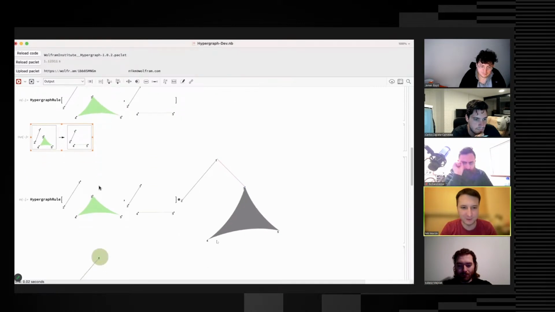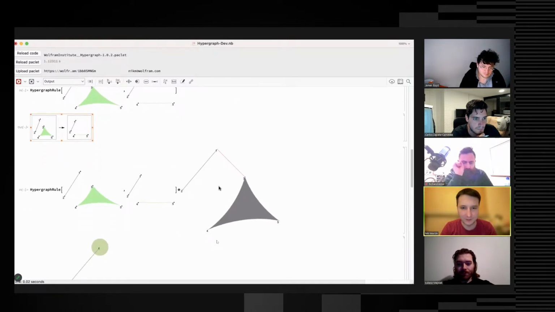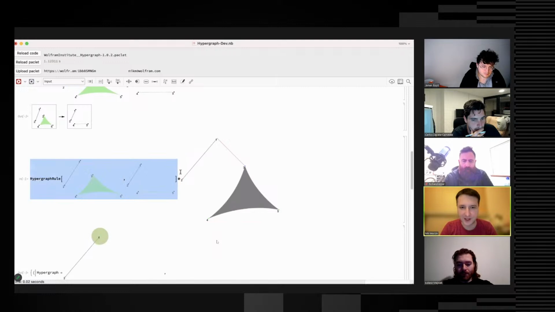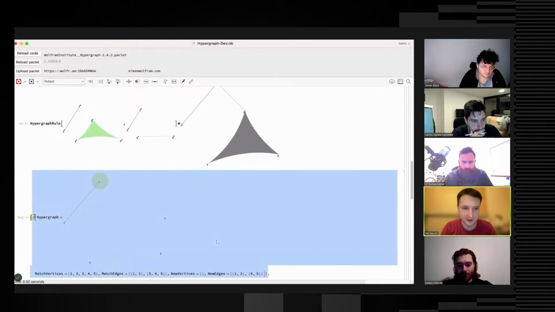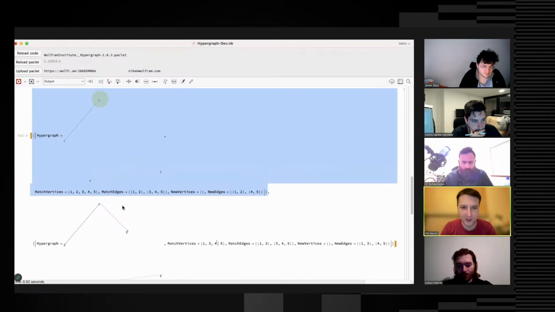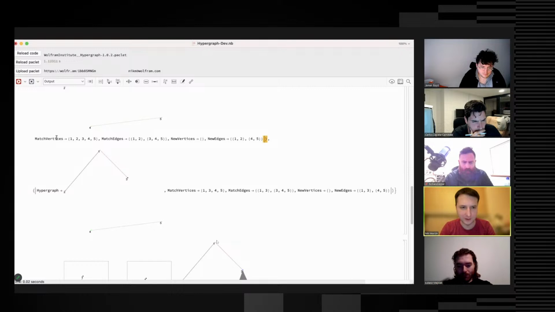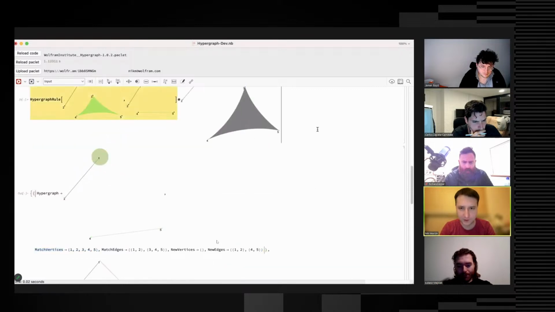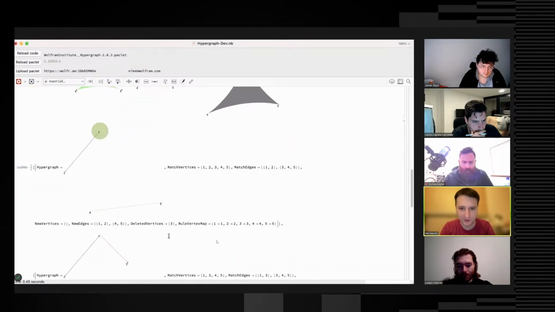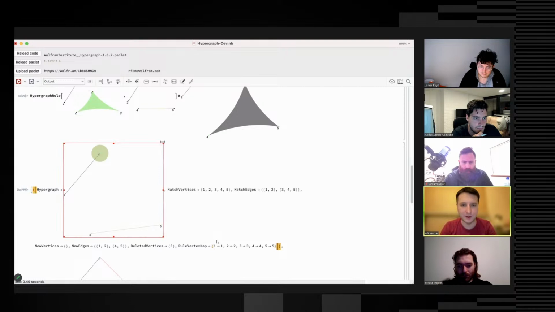You can act with this rule on a hypergraph, and you get this list of associations with a bunch of information on what actually happened. I think I've even included more information since this example. Now I have also deleted vertices, and this map, which makes things a bit clearer.